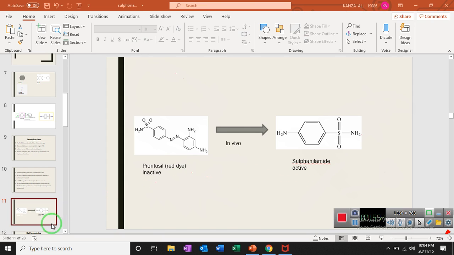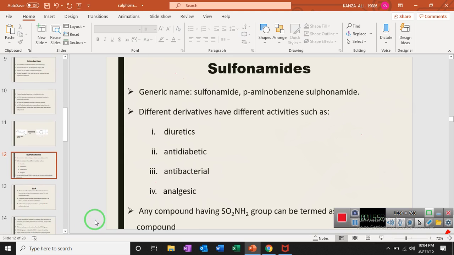Now we can say that sulfonamide is the parent compound in our series. The generic name is sulfonamide, that is para-aminobenzene sulfonamide.